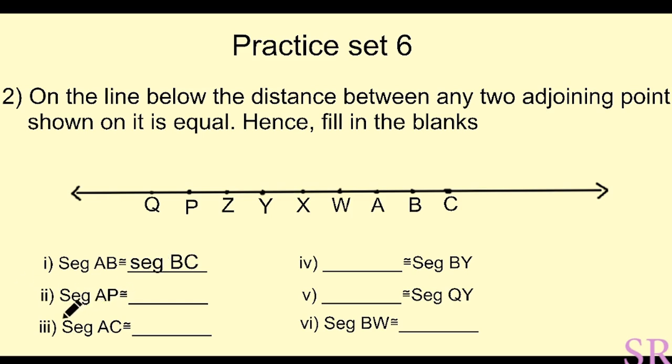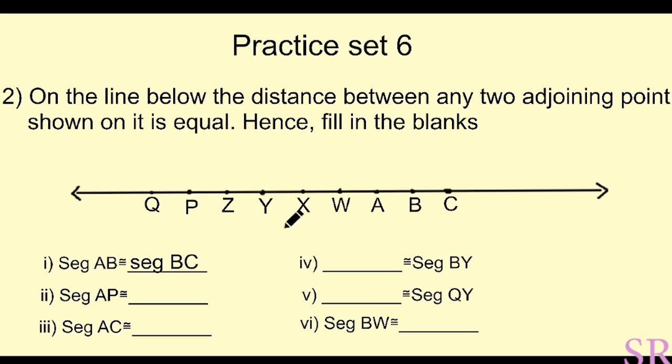Second question. Segment AP is congruent to dash. Now here, we will find out where segment AP is. Segment A and P. So as we can see, there is a distance over here. Let us calculate the distance between these 2 points first. That is 1 centimeter, 2 centimeter, 3 centimeter, 4 centimeter and 5 centimeter.